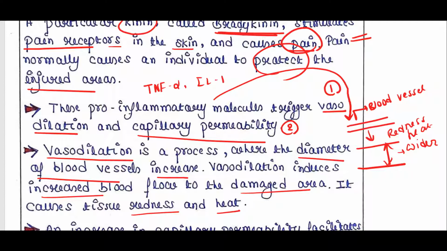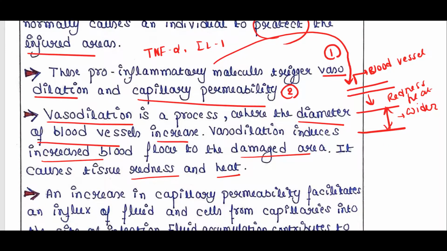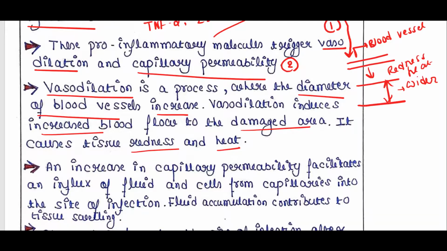So this is vasodilation. And next, capillary permeability is also increased by those pro-inflammatory molecules. An increase in capillary permeability facilitates the influx of fluid and cells from capillaries into the site of infection. So if these are the blood capillaries, they will allow the influx of some fluid and cells into the site of infection.